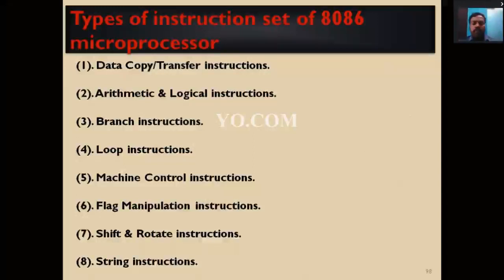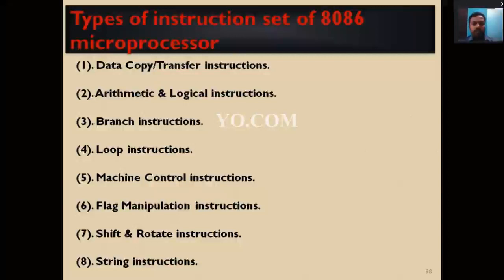Around 8 different types of instructions are present: data copy or transfer instructions, arithmetic and logical instructions, branch instructions, loop instructions, machine control instructions, flag manipulation instructions, shift and rotate instructions, and string instructions.